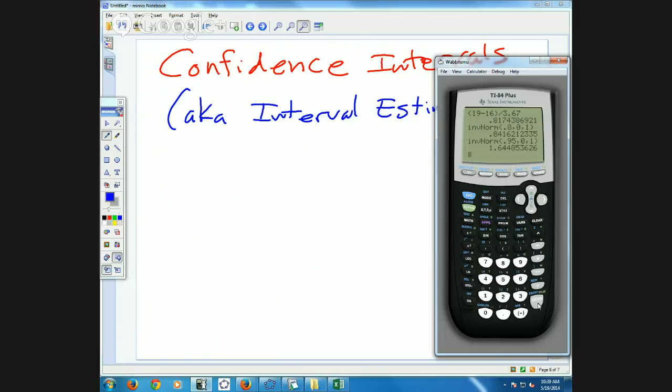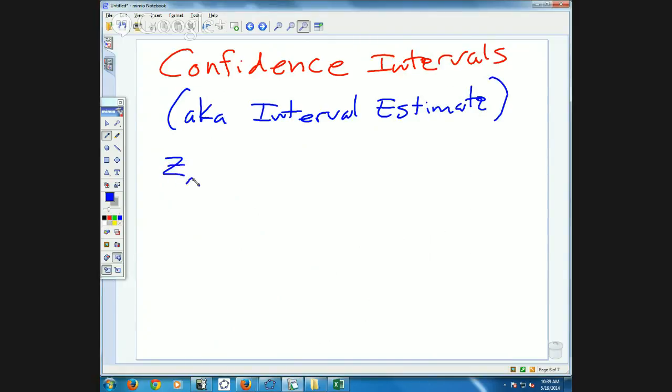Not yet, I'm working on it. This is what I call z sub alpha over 2, and I'll explain that in just a moment. 1.644. Okay, what's the mean here? Let's see, it's 10.5-ish. We get that by multiplying np. Okay.